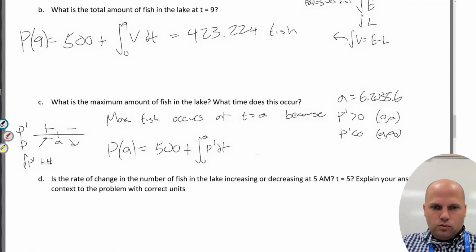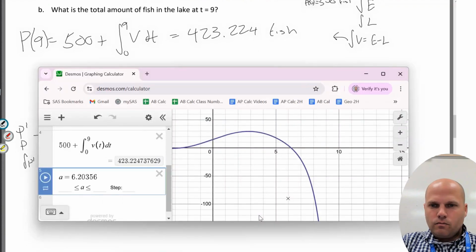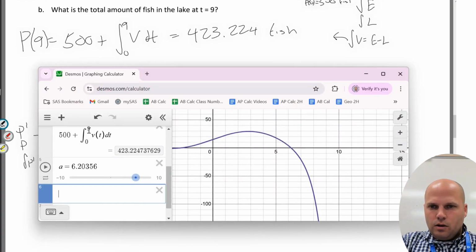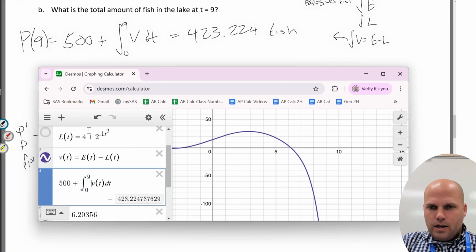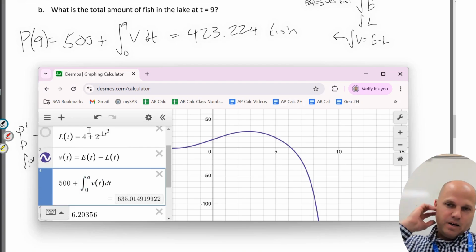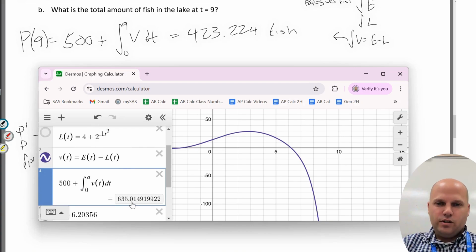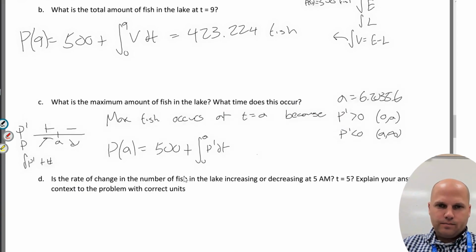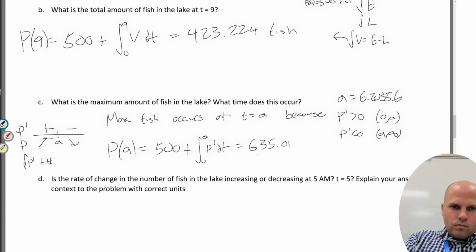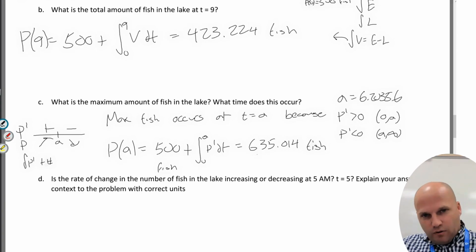So I'm going to say 0 to A. Max amount of fish, 635.014 fish. Cool. Accumulating my fish per hour times hours gives me fish.